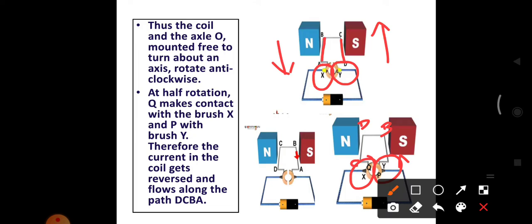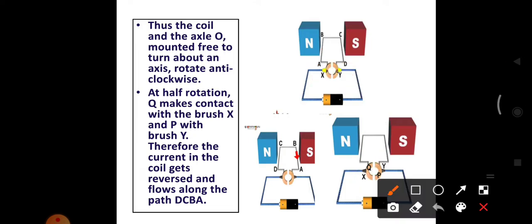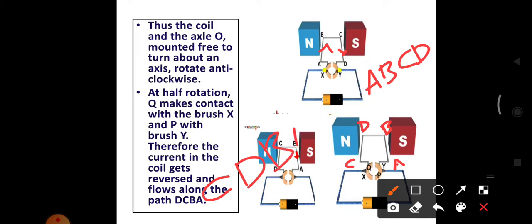In the starting, the current direction is A, B, C, D. After half rotation, CD comes here and AB goes there. So now the current direction is D, C, B, A.